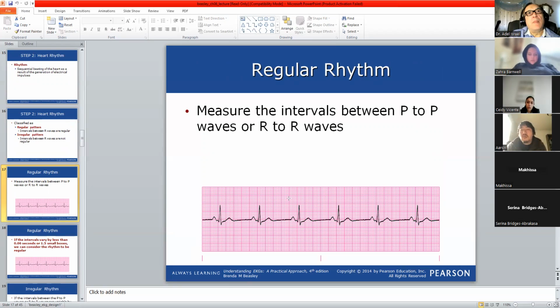Very good. So the space from here to here is like the space from here to here, and also equal to this distance, and so on. So I find that R to R is almost fixed. Good job.